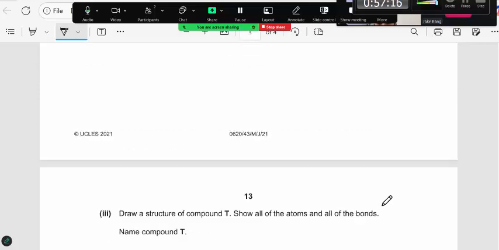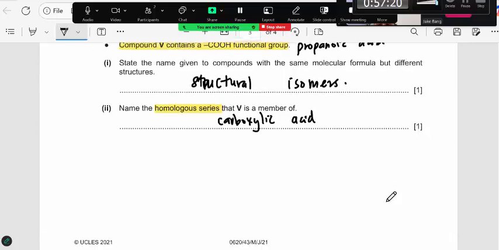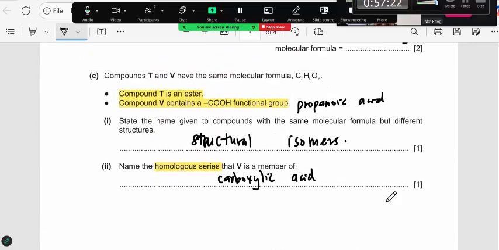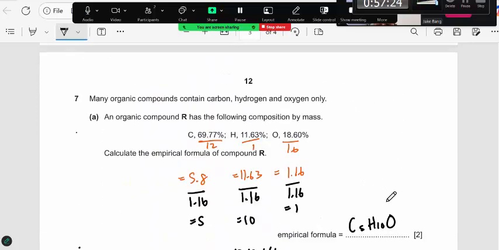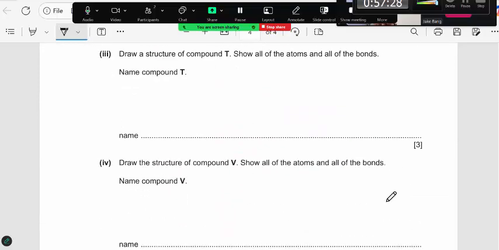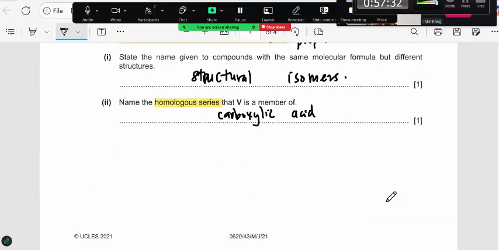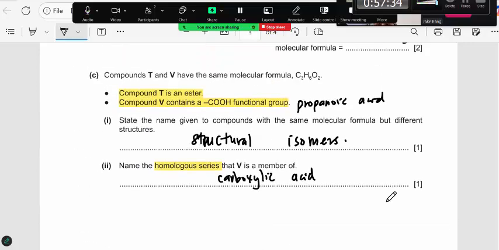Draw a structure of compound T. Compound T is an ester. You can draw either one because they don't say which one it is. It's either methyl ethanoate or ethyl methanoate. Do they say which one?